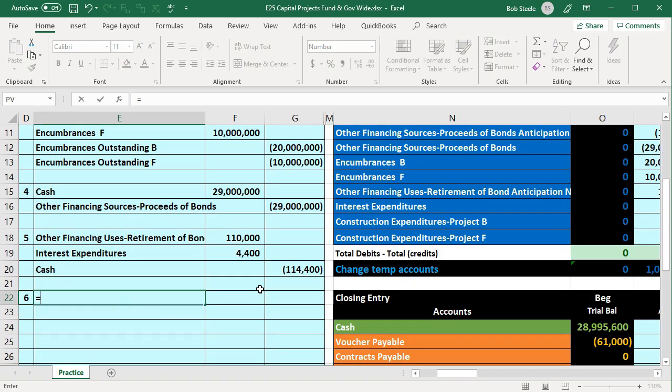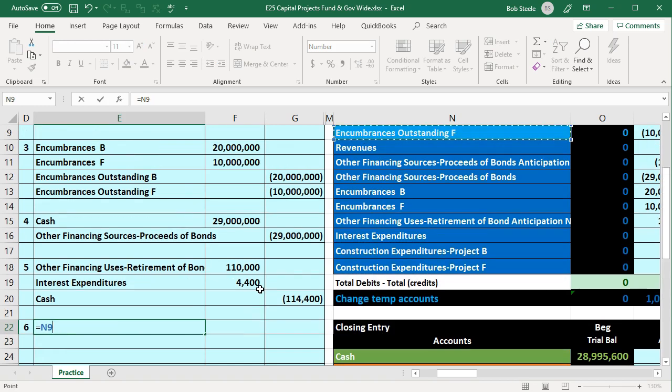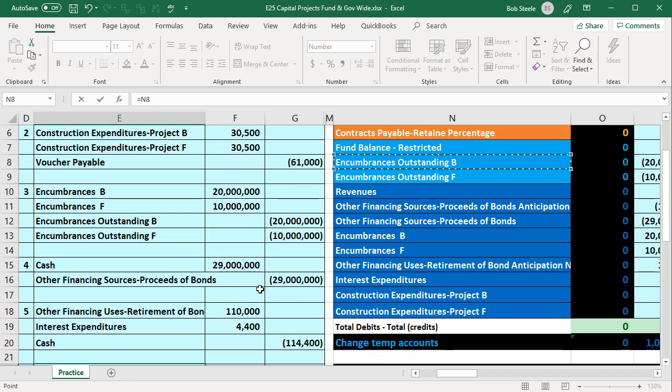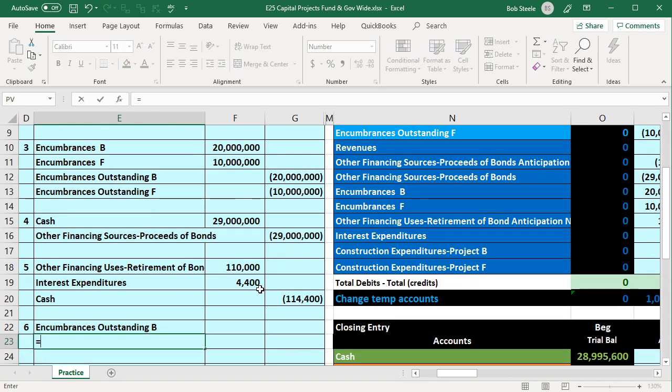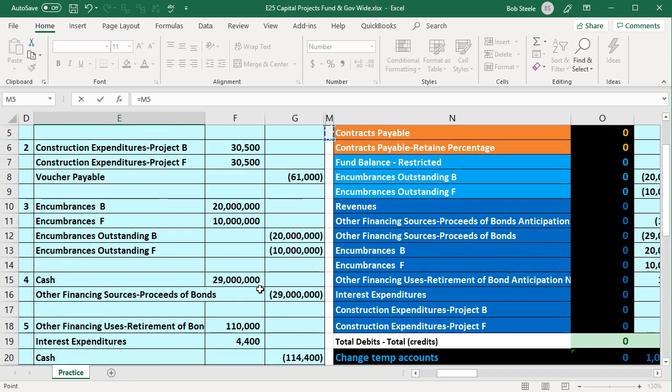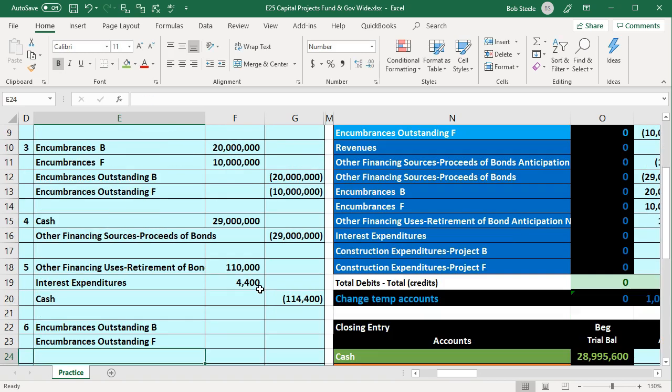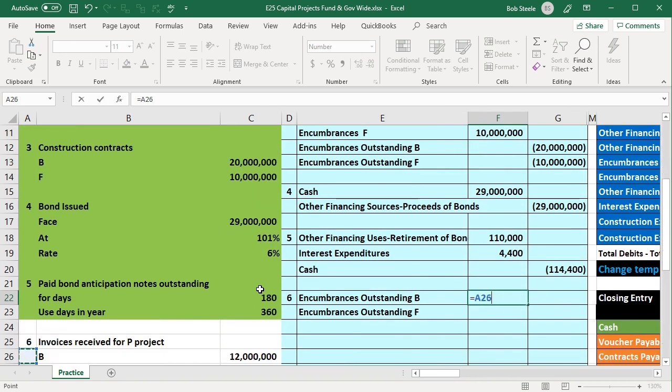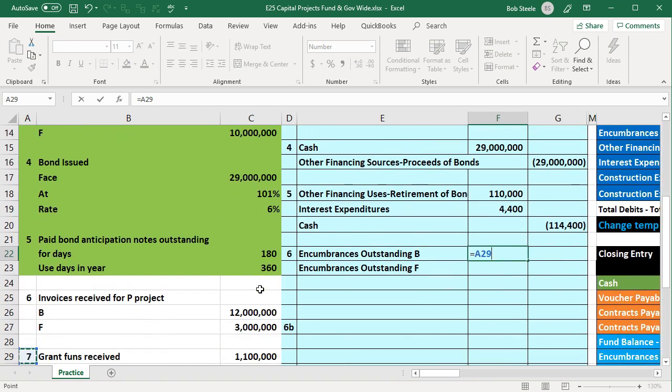So we're going to debit the encumbrances outstanding for B and F. So here's the encumbrances outstanding for B. We're going to debit the encumbrances outstanding for F. And we'll pick up these amounts, and those are going to be the debit amounts. And we said the encumbrances are going to be for the 12 and the 3.